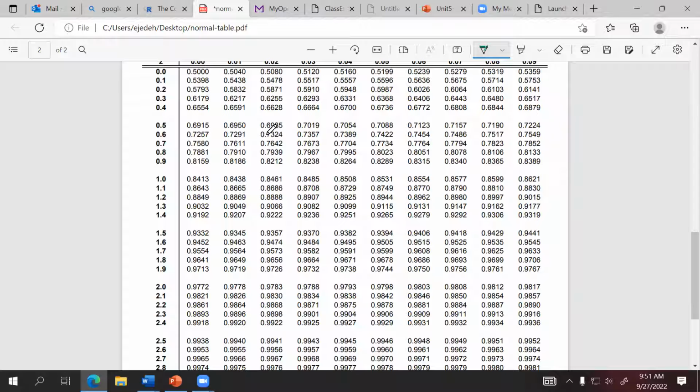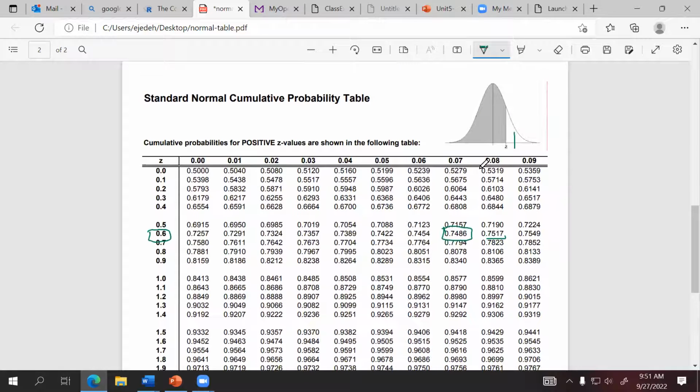So go to the next column, the previous one. Here I have 0.75, that is slightly bigger than what I'm looking for. I'm going to step back and take the one that is slightly less, so we are going to be using this one here. Using this value, we found it under Z of 0.6, this time positive, and under 0.07.